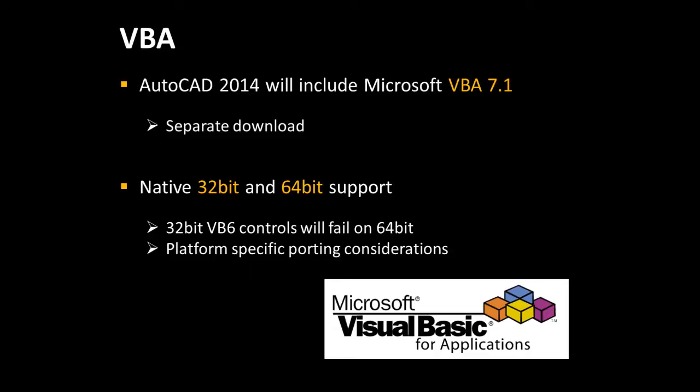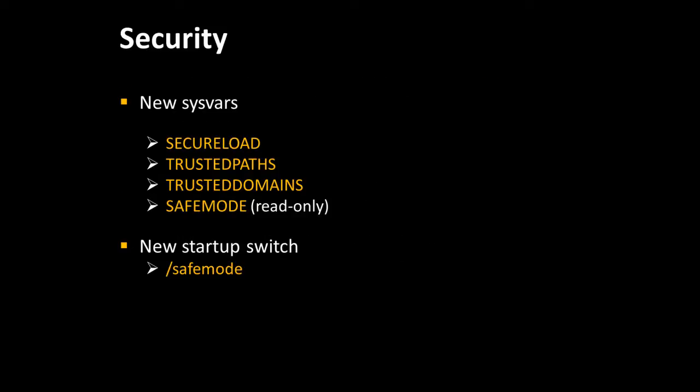So it means that our 64-bit VBA applications will now run in process within AutoCAD, and this will enhance the performance.